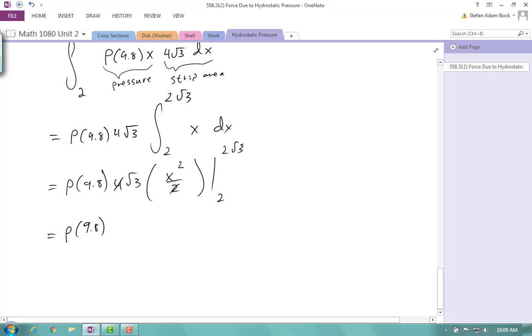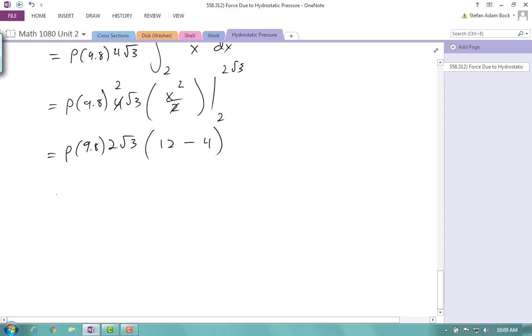Why don't I cancel these 2's? So I have 2 root 3 squared, which is 4 times 3, which is 12, minus 2 squared, which is 4. So whatever I have is the density of the fluid times 9.8 multiplied by 16 root 3. And this is going to be in newtons.